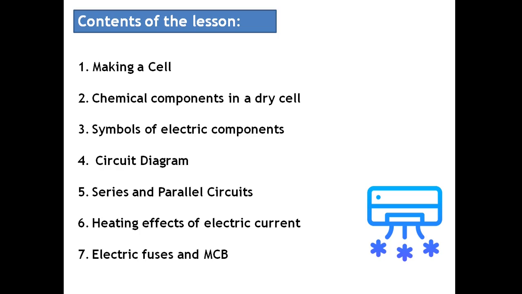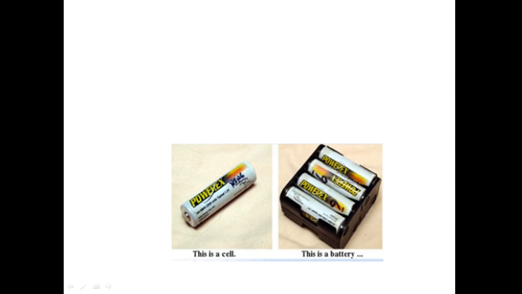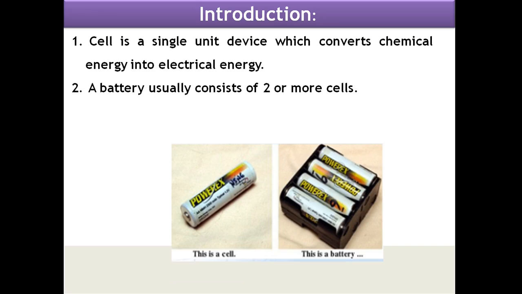Today we will study the first two topics, that is how to make a cell and observing chemical components in a dry cell. Before that, let's recapitulate the lesson simple electric circuits, what we have learnt in our class 6.